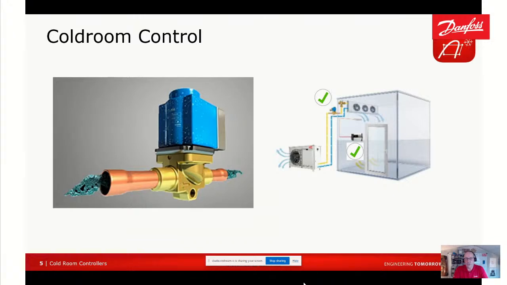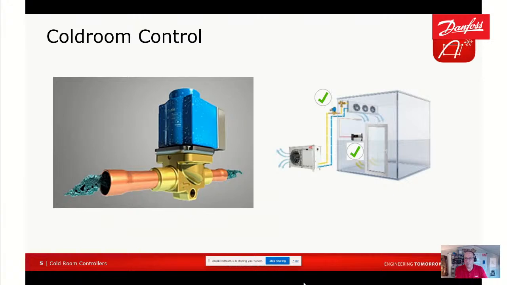The problem is when we start the machine again, all that liquid will race back to the compressor and we can damage our machine. If the condensing unit is outside and in a colder place than the cold room or the application we're dealing with, then that liquid will migrate to the compressor via the suction line, and it will sit in the crankcase of the machine, which we don't want.